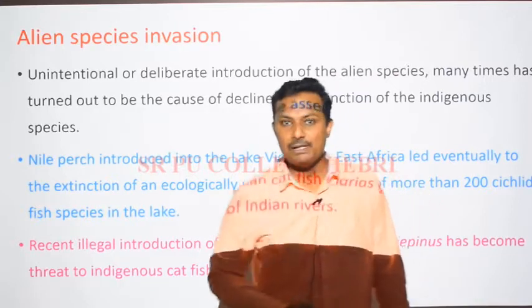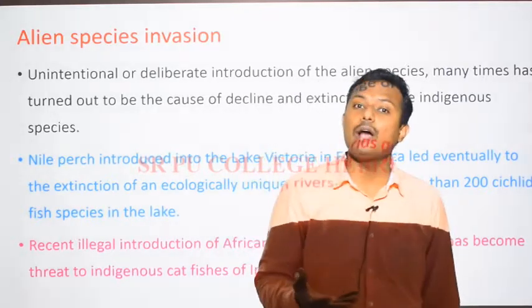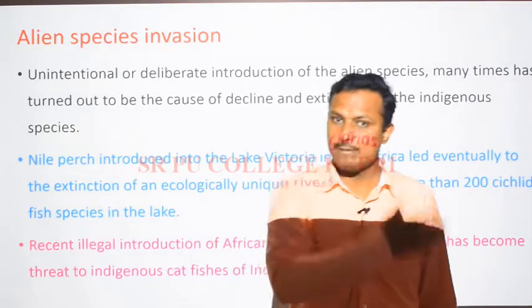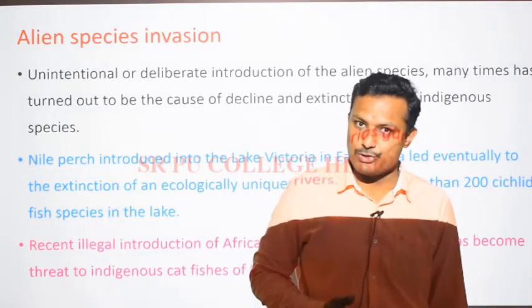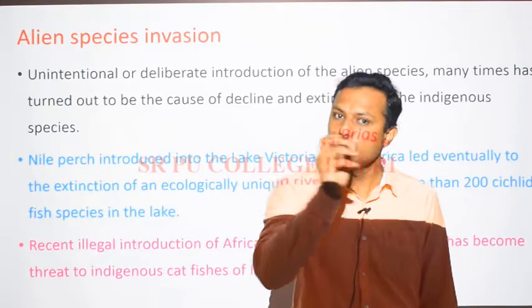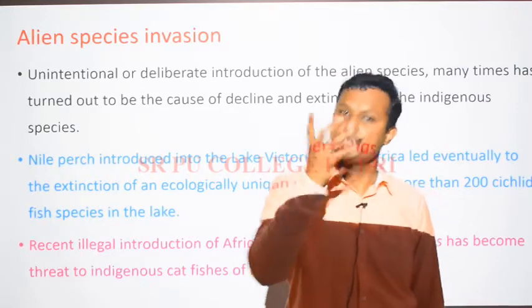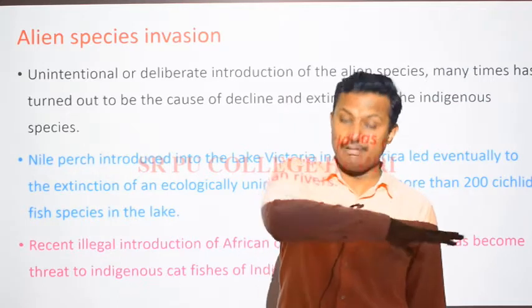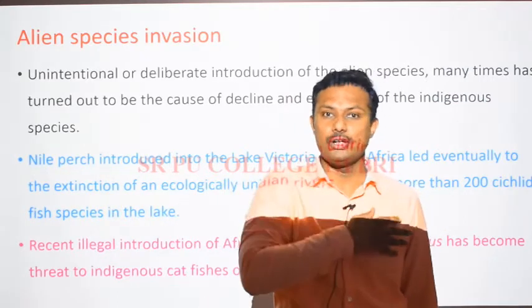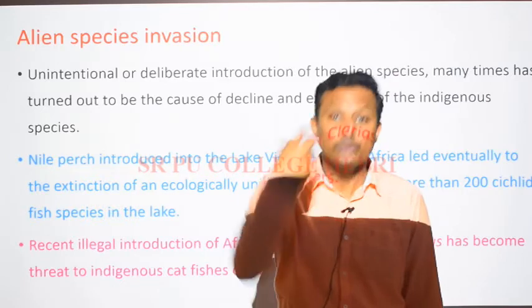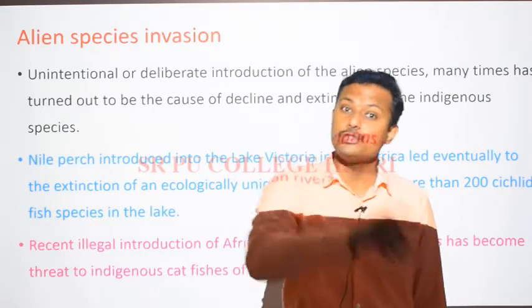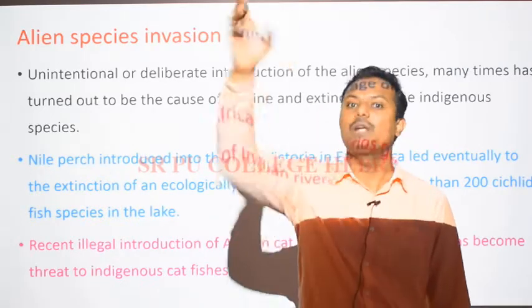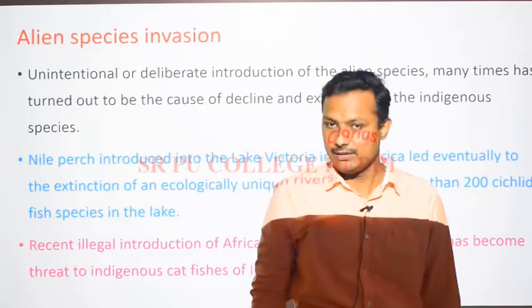For example, there is a plant called Eichhornia. You have heard about Eichhornia even in first PUC. Eichhornia has a beautiful flower and also beautiful spoon-shaped leaves. It grows well on the surface of the water. So to beautify the lake, it was first introduced in India in West Bengal, in Kolkata, right?